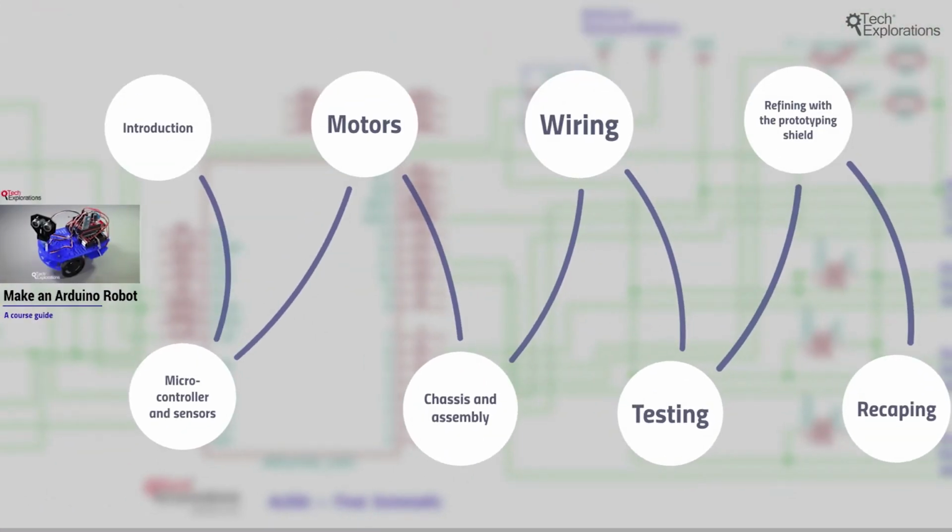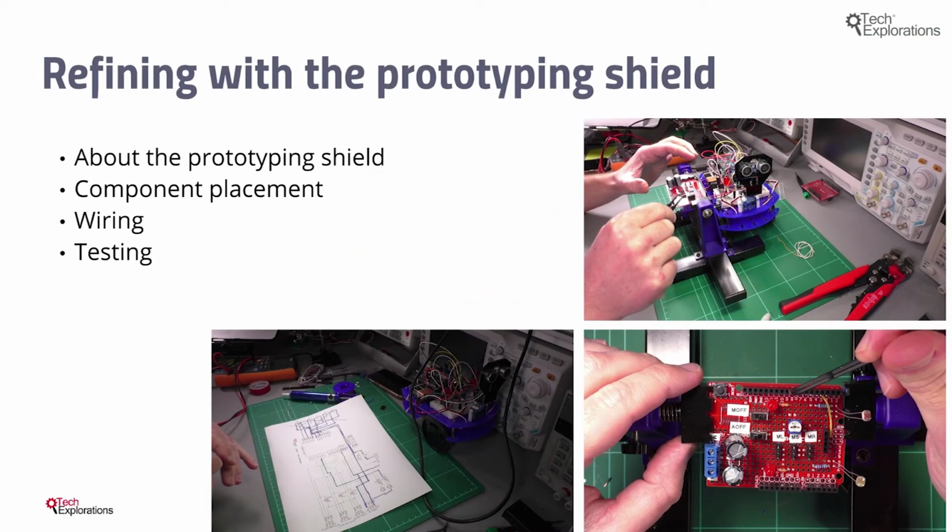By the time that we finish all our testing, we will have a robot that works pretty well. But there is still some room for improvement. Remember that we are interested in producing a refined solution to our problem. So that's what we're going to do in the second last section. In this section, we are going to take the design that we tested and implemented in the previous lectures, the one that is implemented on a very messy breadboard, and convert that into a nice finished product on a prototyping shield.